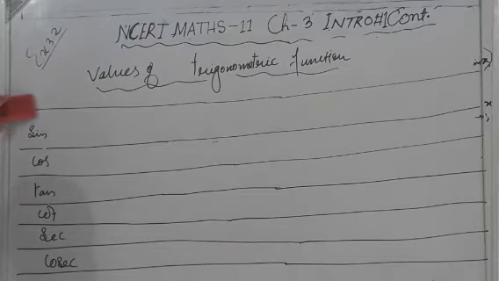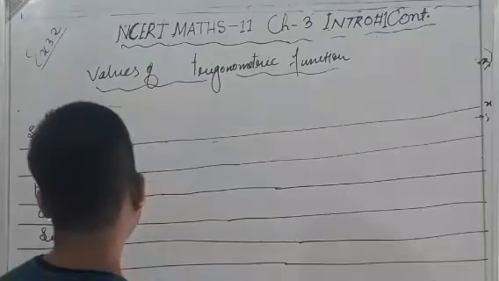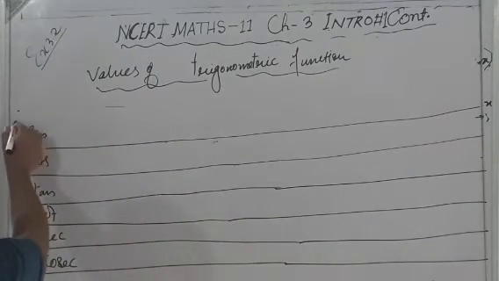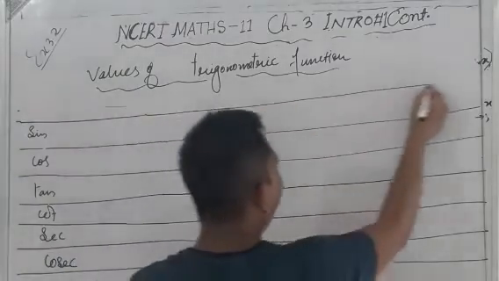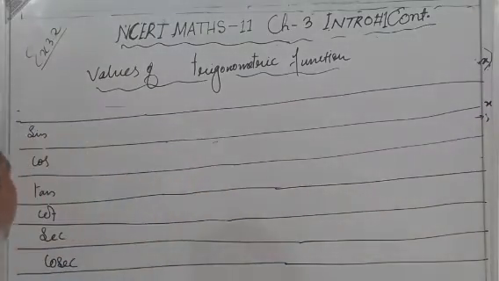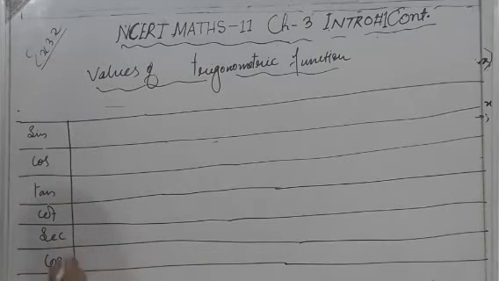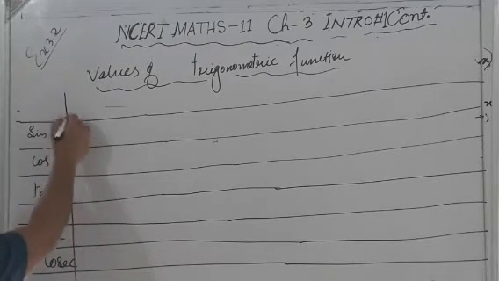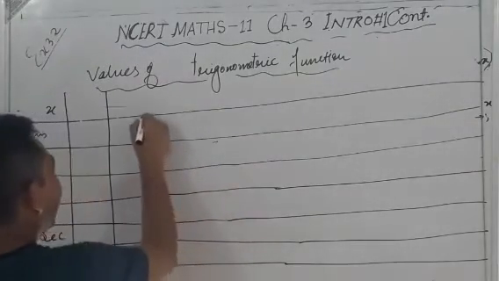So in class 10 you studied only the basics of trigonometry with the help of the Pythagoras theorem, correct? Okay. So this is x. Now here we are discussing trigonometric functions.